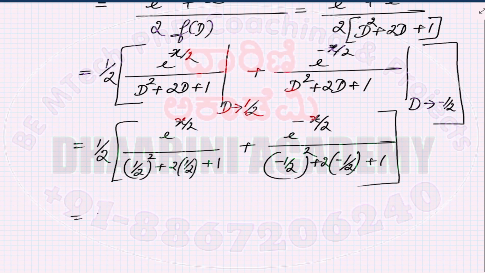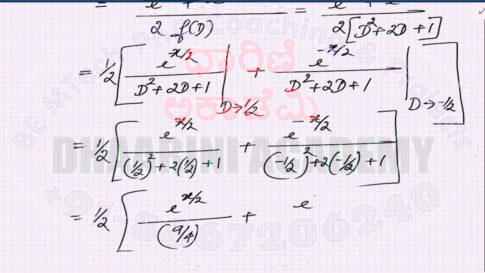Now this is equal to half e to the x by 2 divided by, let's calculate. So this is half square, 1 by 4, plus 1 plus 1. So this is 9 by 4. Plus e to the minus x by 2, whole divided by, minus half whole square is plus 1 by 4.